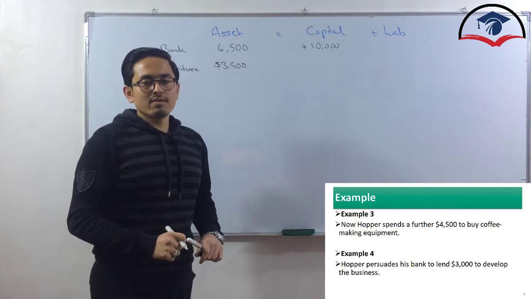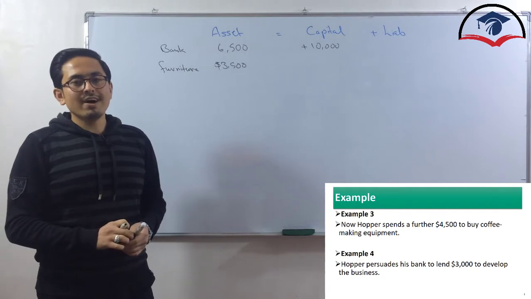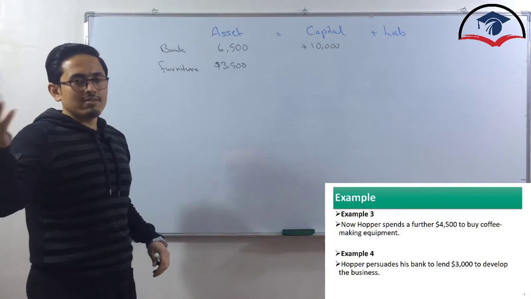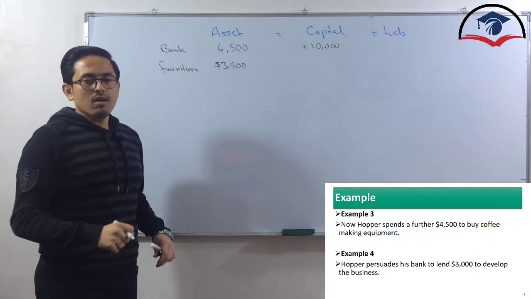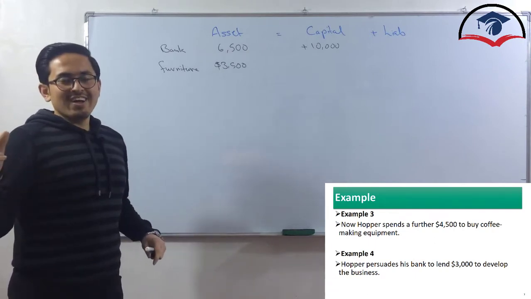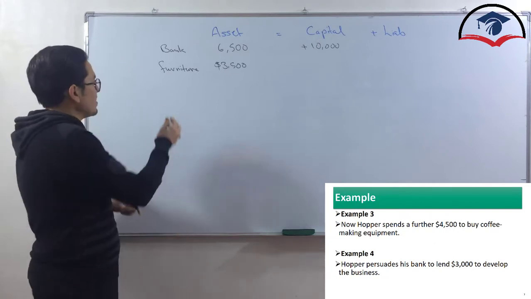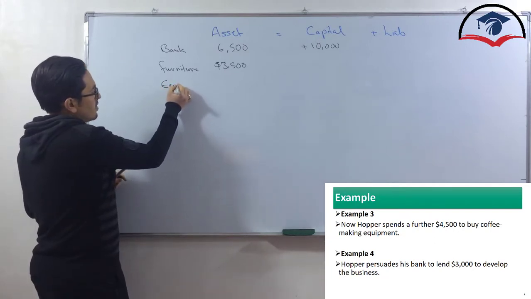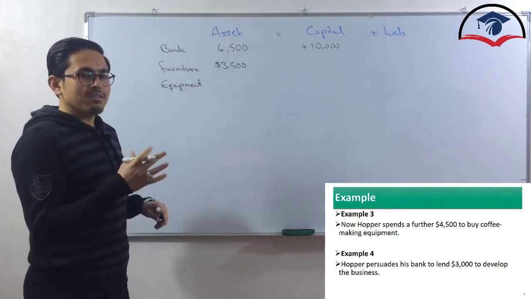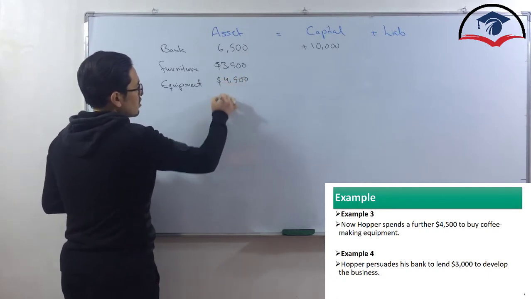For part 3 of the example, it said that now Hopper spends a further $4,500 to buy coffee making equipment. So he purchased another equipment, coffee making equipment, for $4,500. So how are we going to record that? $4,500 is an addition to the asset under the name of equipment. It's coffee making equipment. That equipment has been added to the business for $4,500.